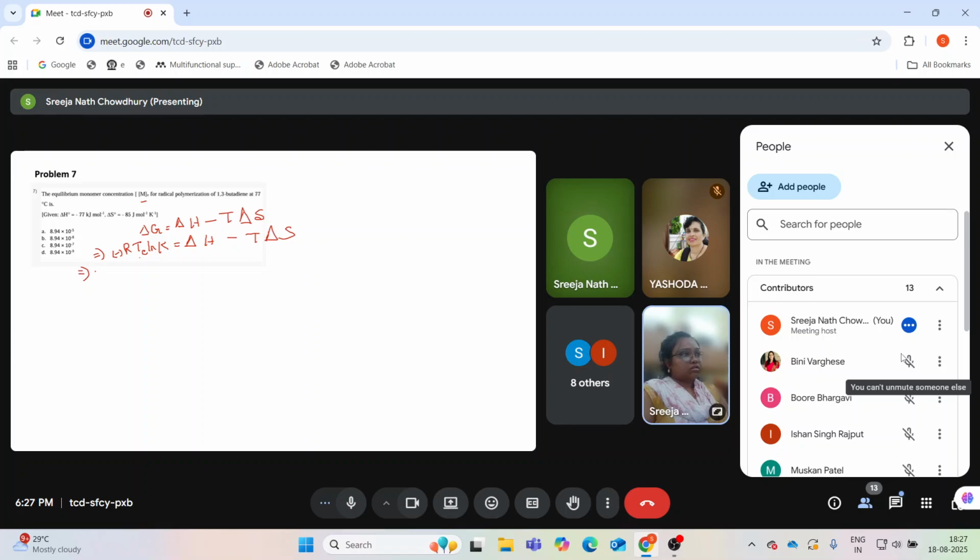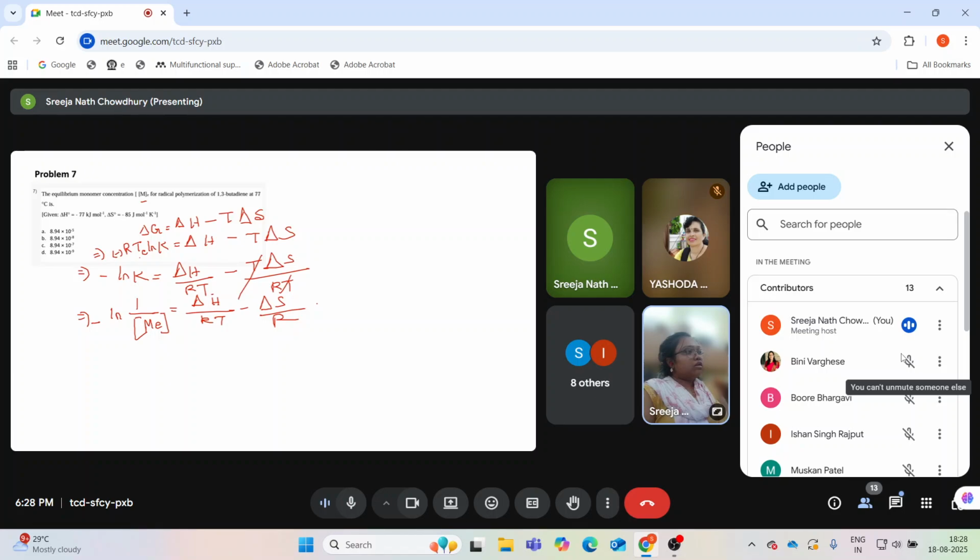So now minus ln K is equal to ln of 1 by Me. This formula has been discussed in your lecture series. Now we just have to put in the values, 77 into 10 to the power minus 3.